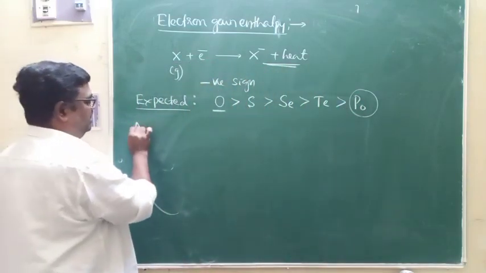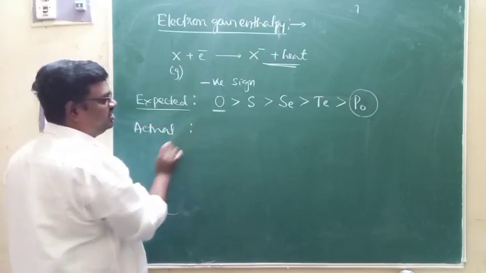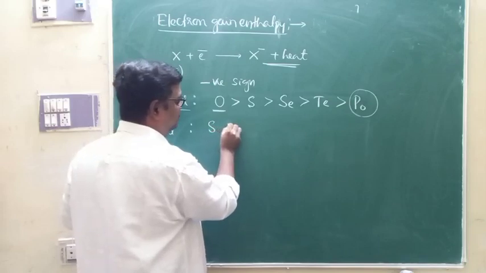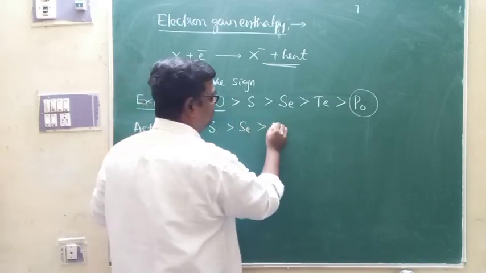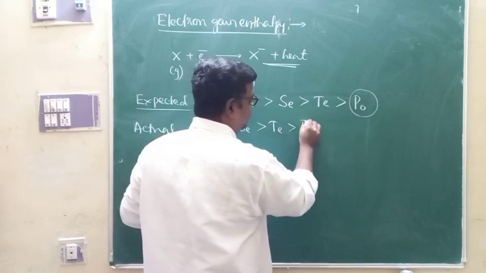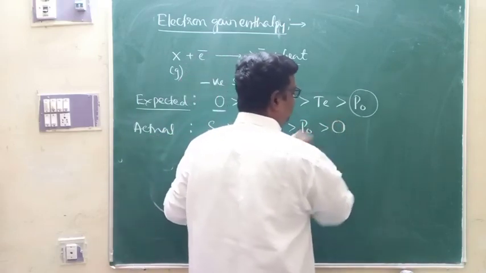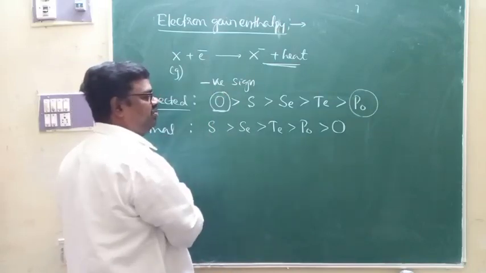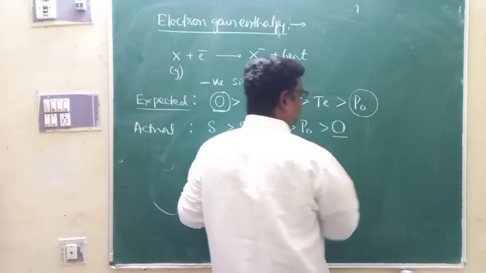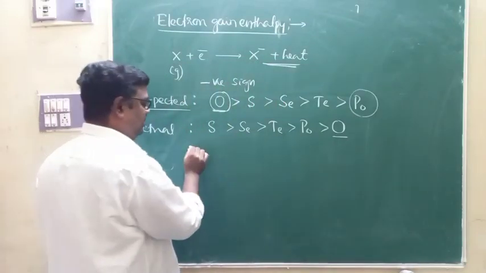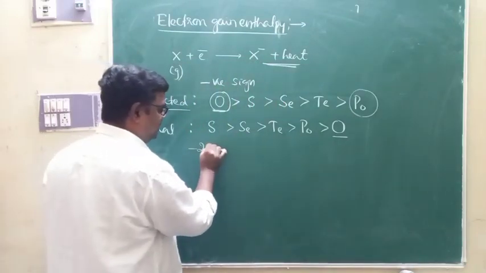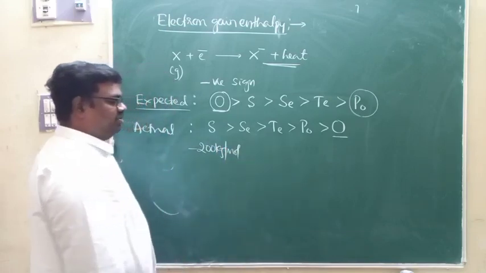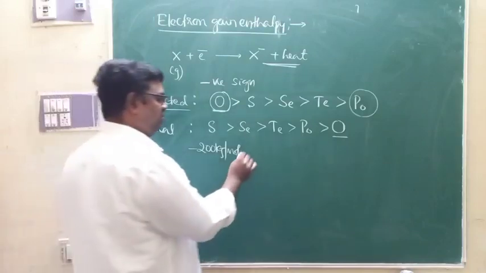But the actual trend is this. The actual trend in the variation of electron gain enthalpy is sulfur greater than selenium, selenium greater than tellurium, tellurium greater than polonium, polonium greater than oxygen. That means we expected oxygen to have high electron gain enthalpy, but the electron gain enthalpy of oxygen is the least here. For example, electron gain enthalpy of sulfur is around minus 200 kilojoules per mole.